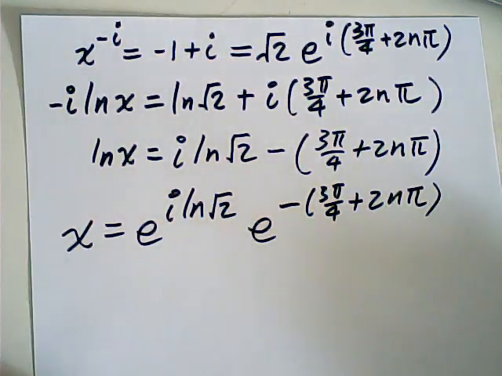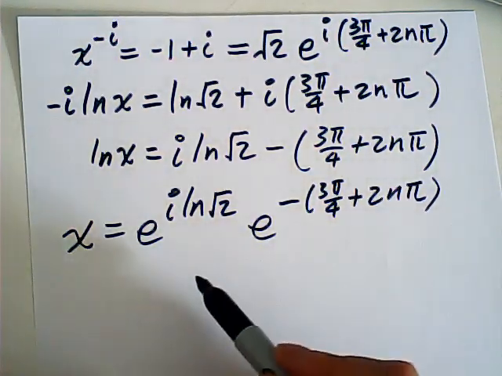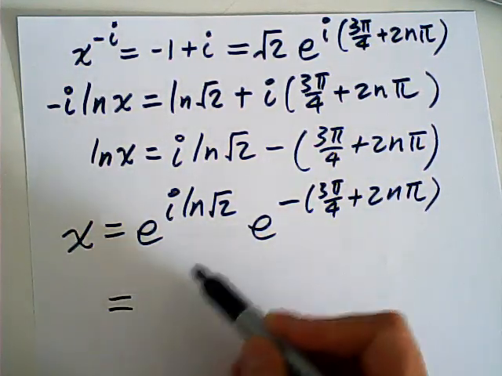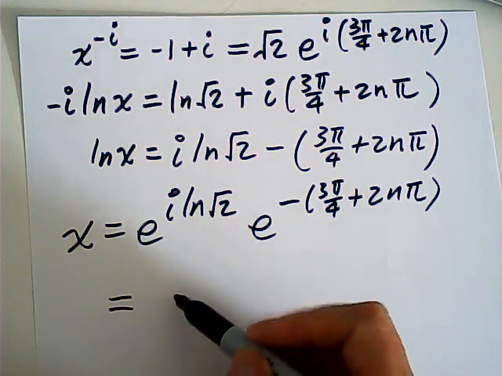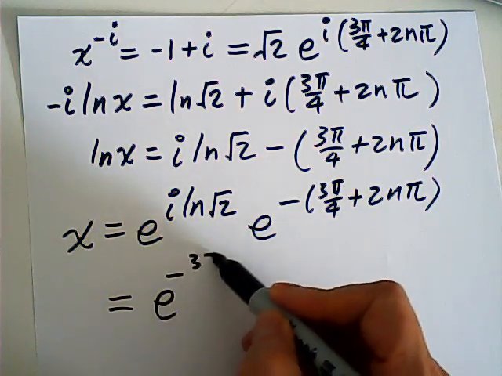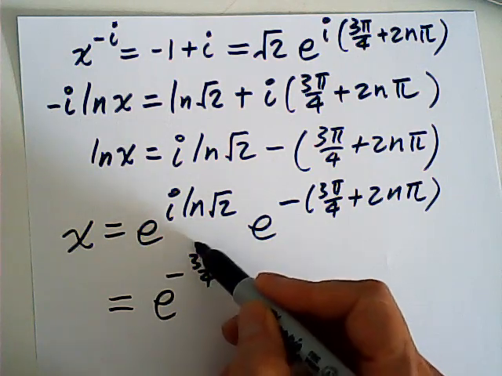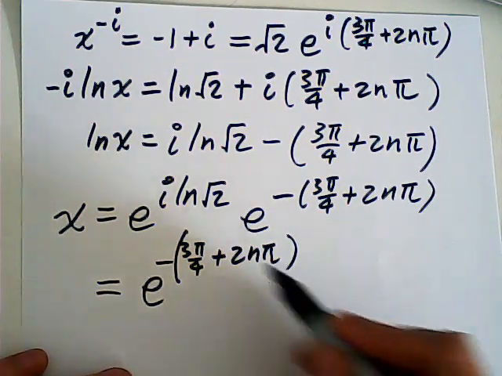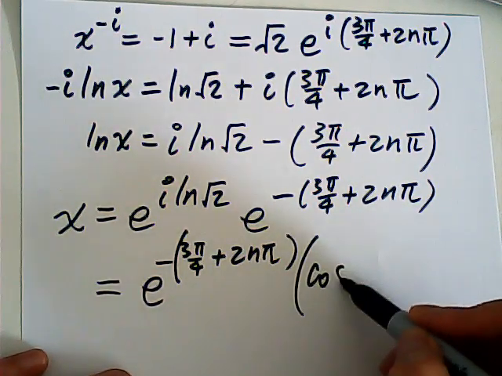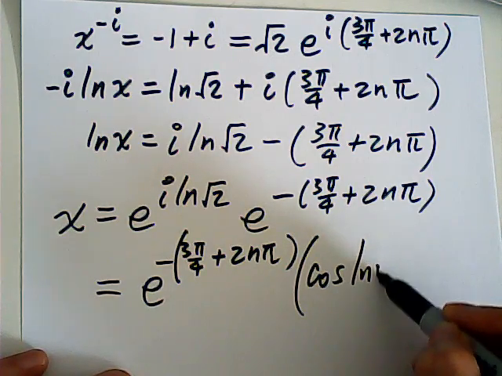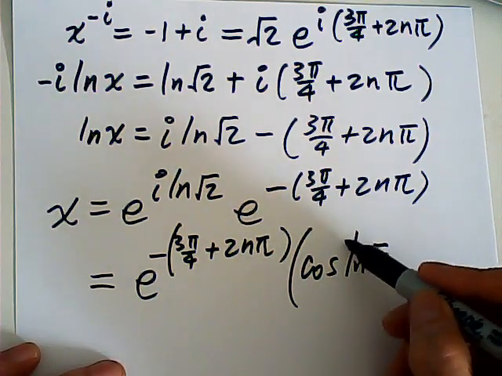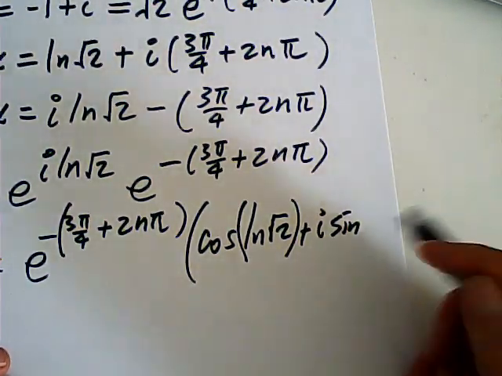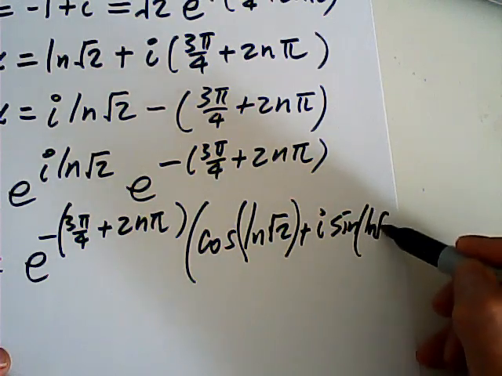Okay, so that is almost done, right? But this looks strange, so rather we use Euler's formula. This one becomes e to the minus 3 pi over 4 plus 2n pi, and this is cosine natural log square root 2 plus i sine natural log square root 2.